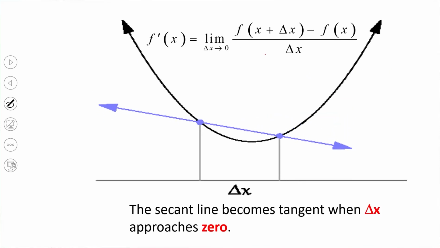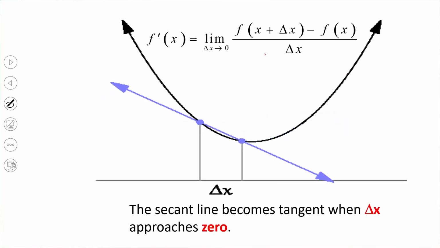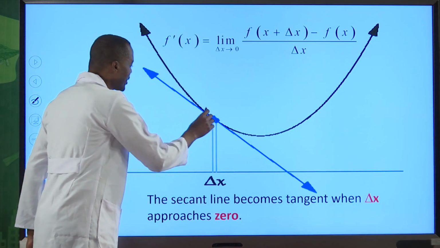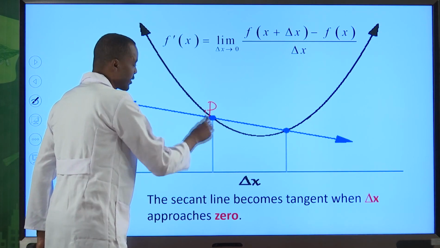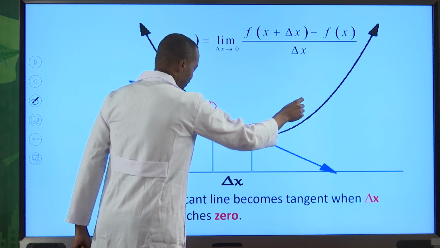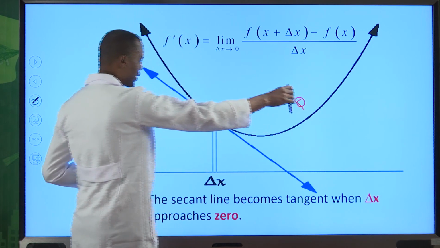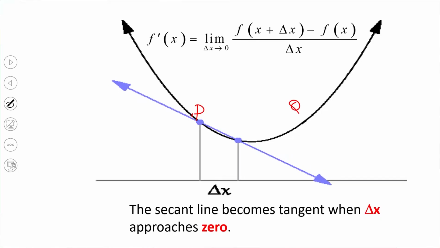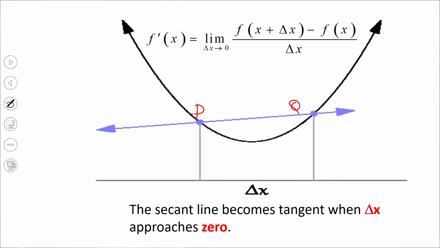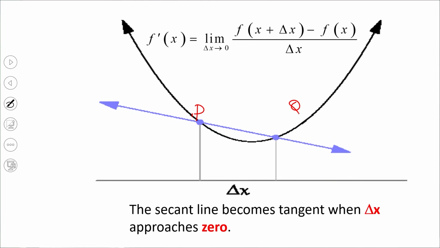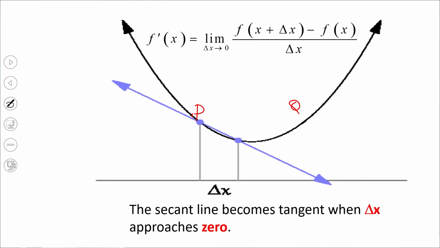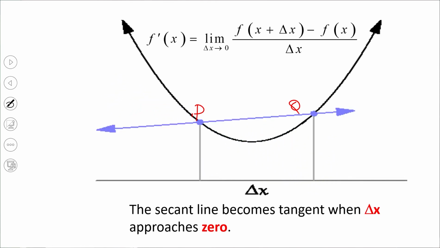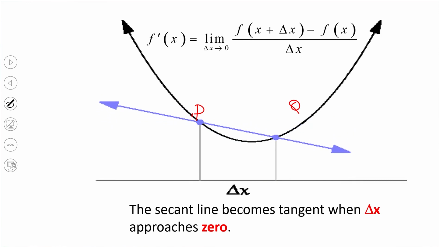This is a demonstration of what I have been talking about. Originally, the 2 points P and Q started out a little farther away, but as they move towards each other, the secant line that would have cut that curve in 2 different points, as delta x is diminishing, is simply becoming a tangent line.